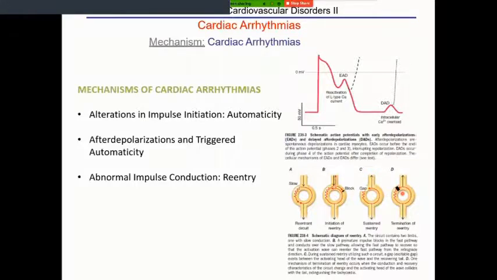So reentrant circuits can occur in the sinus node, the atrium, the AV node, between the atria and the ventricle via bypass tracts, and within the ventricle itself.